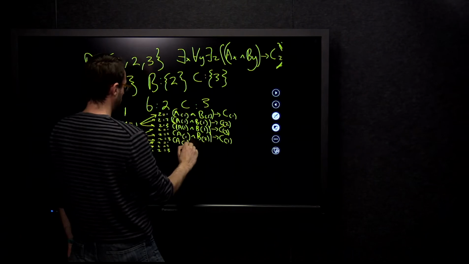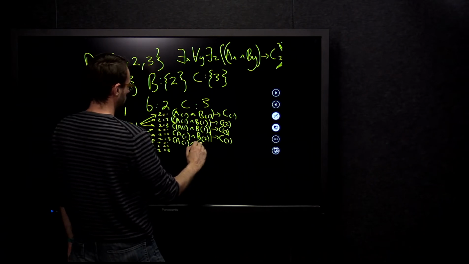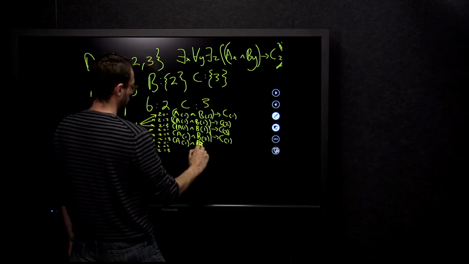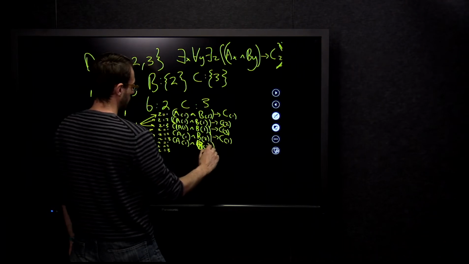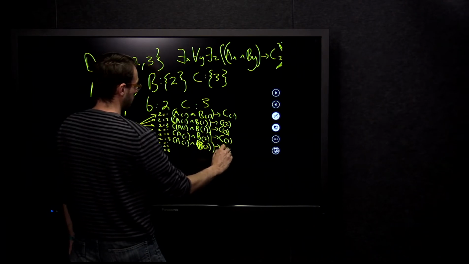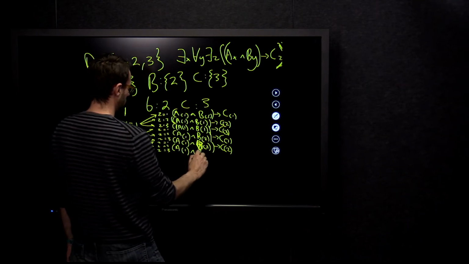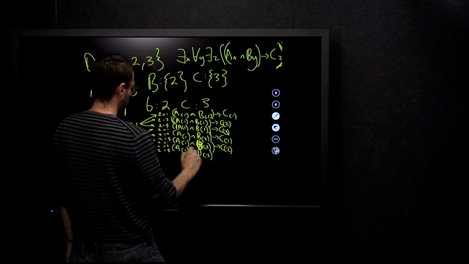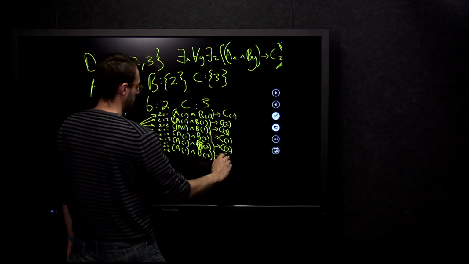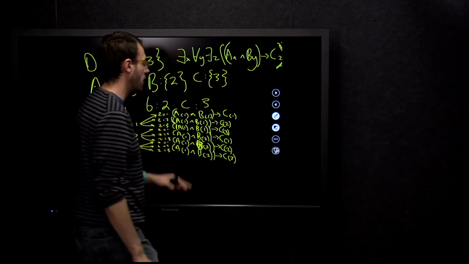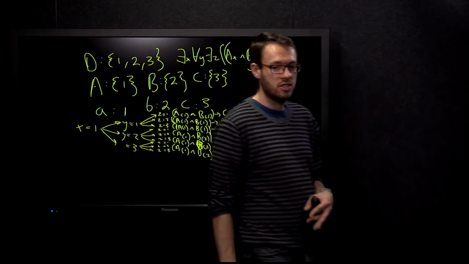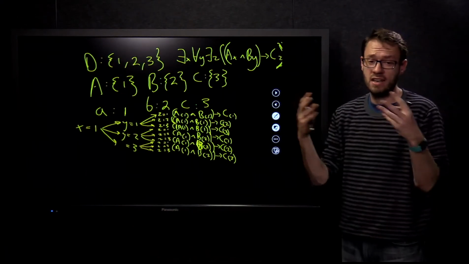So A1 and B2 arrow C2, and then A1 and B2 arrow C3, and then the final set of combinations. Remember, I'm just taking one value for x here. There were 27 overall.